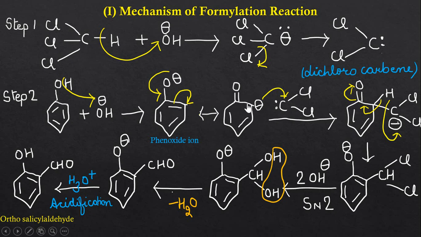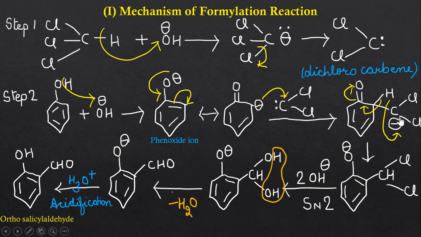And this resonating structure will act as a nucleophile because this negatively charged carbon is more nucleophilic than this negatively charged oxygen. So it will attack the dichlorocarbene molecule, which is an electrophile. Now we will get this intermediate.